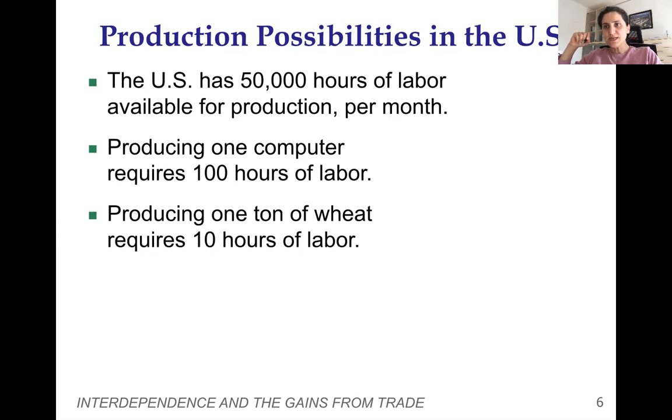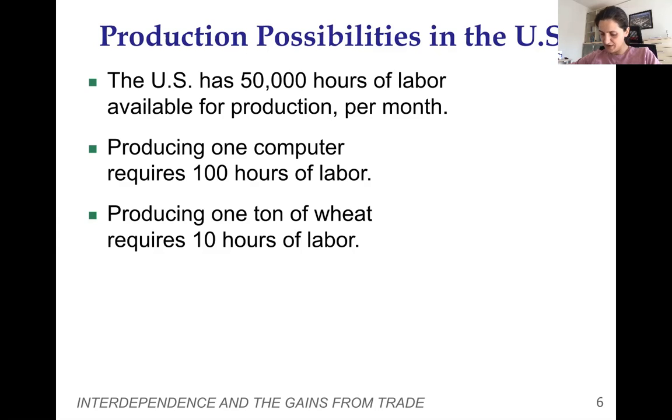And let's suppose that production possibility frontier is linear. Okay, how are you gonna draw that? You're gonna divide 50,000 hours by 100 hours to find how many computers at most US can produce. Okay, so 50,000 divided by 100, it can produce 500 computers at most.